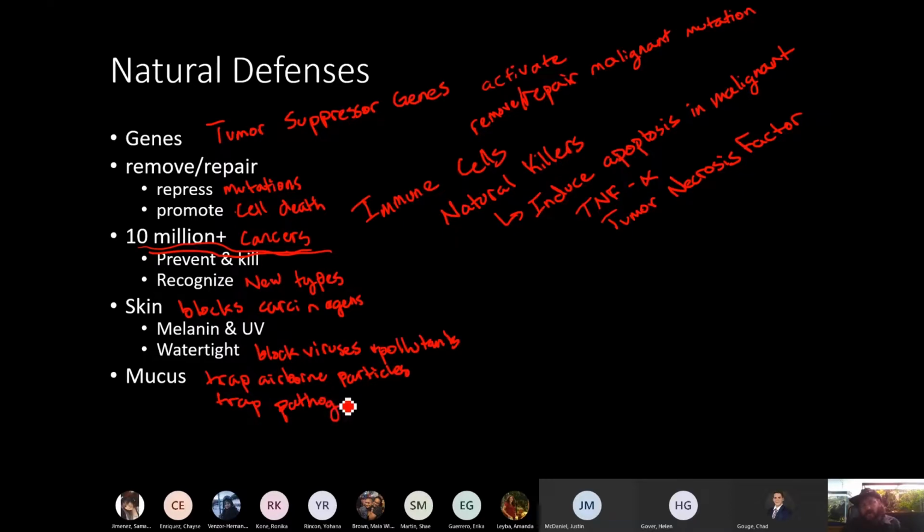And you will snot it out of your mouth. As far as the pathogens go, they're trapped and then they're nuked by the immune system. So you got a lot of natural defenses against cancer out there.